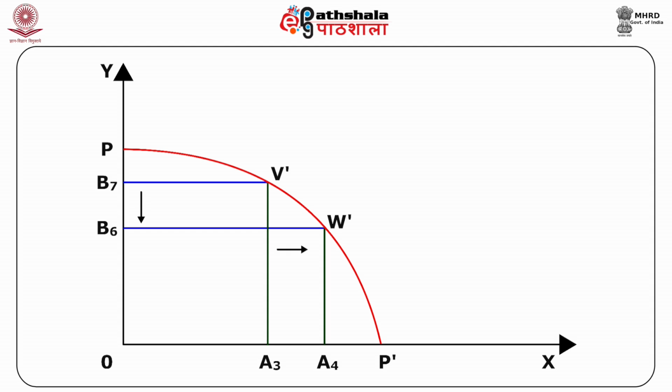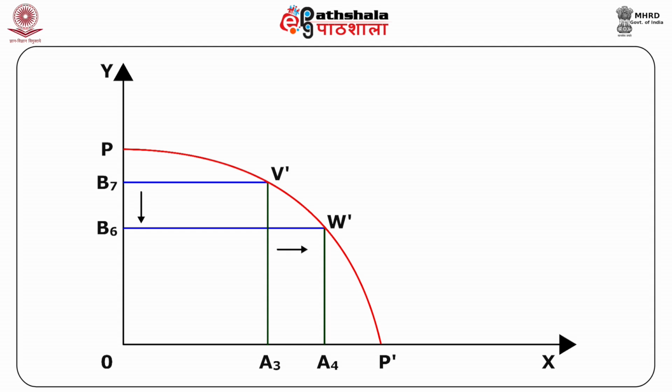Therefore, what we find is that the point at which Y is being produced to the tune of B6 and X is being produced to the tune of A4, at this point we plot W prime.